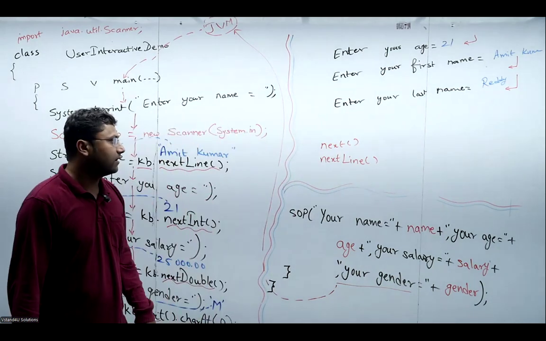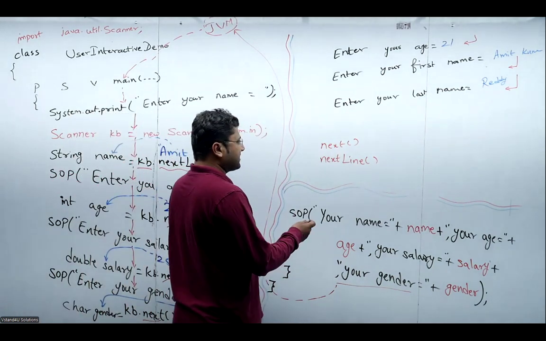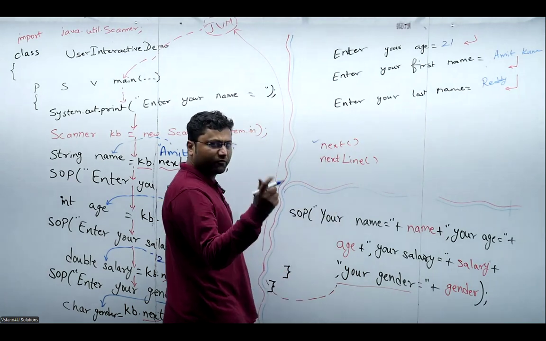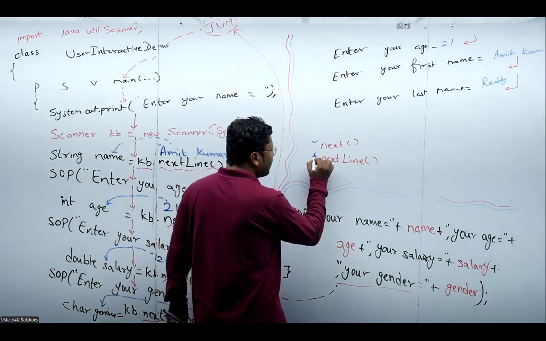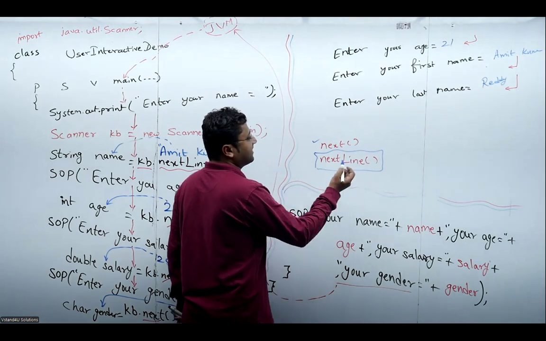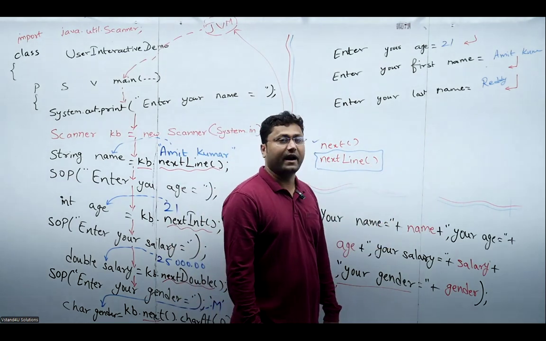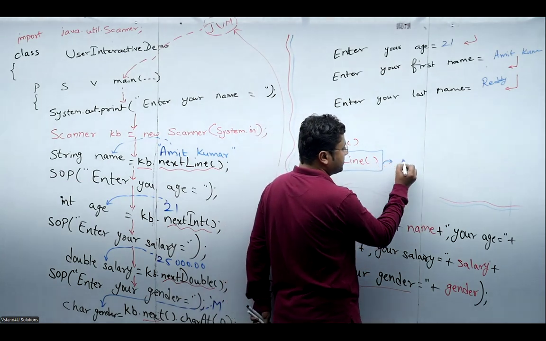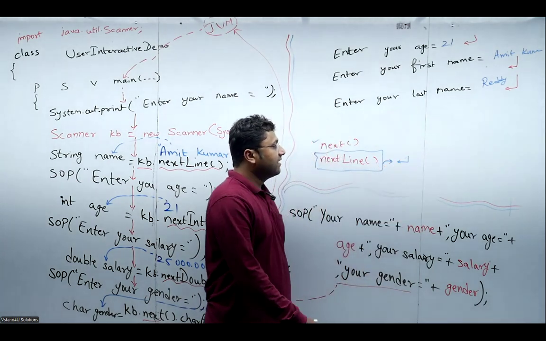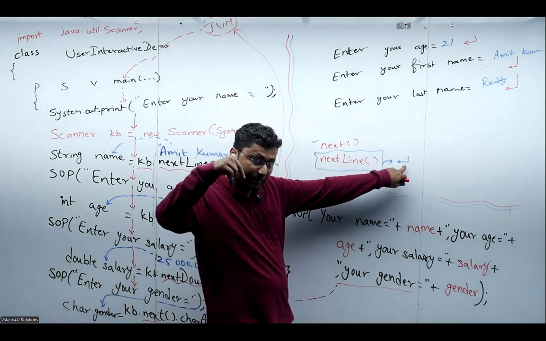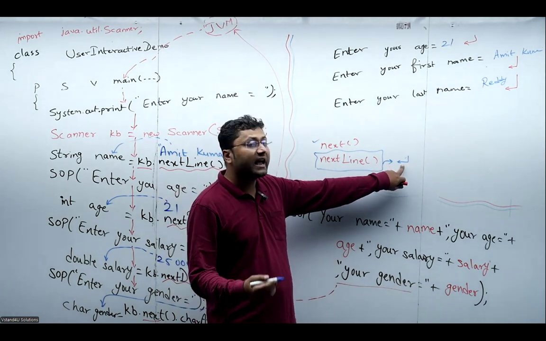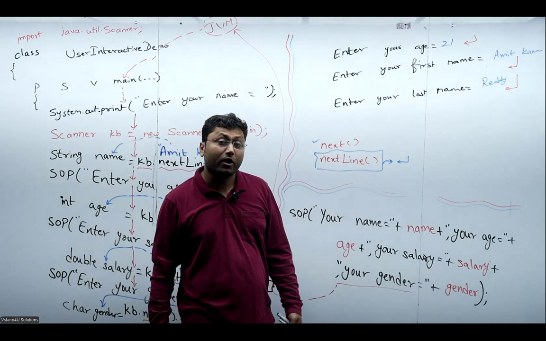Agree? Okay, sir. But see, next, its task is over. Read the first half of the word. Now, the problem with respect to next line is that it reads the entire data as an input. And this particular method is reading this enter also. When you press the enter key, it reads enter also as an input. Because of which, what happens?